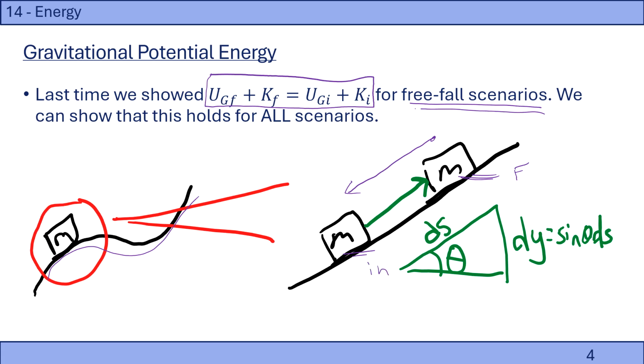We look at the initial kinetic energy and the initial potential, and compare that to the final kinetic and final potential, and these sums should be the same. It'll even be path independent, meaning we can take this funky pathway to go up, and it still will follow this equation.